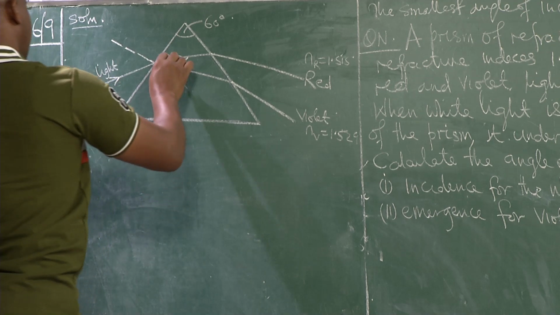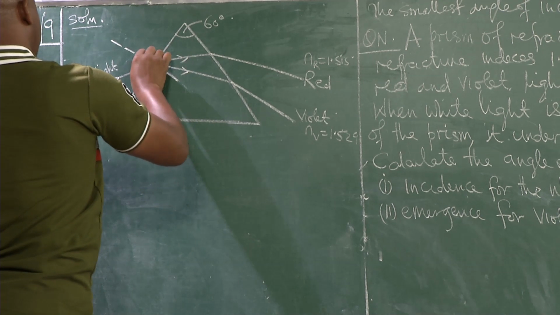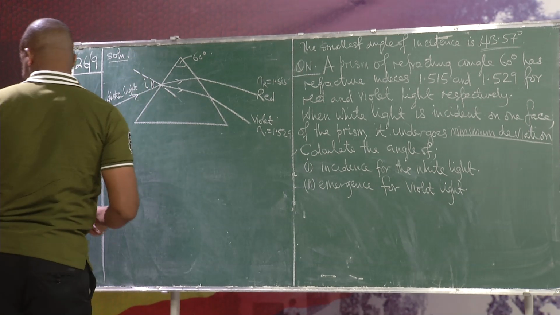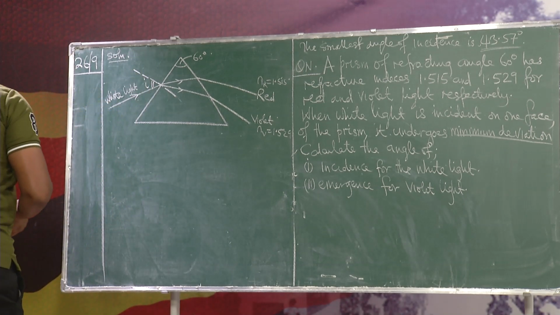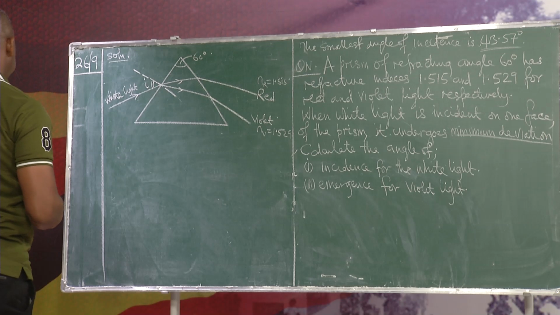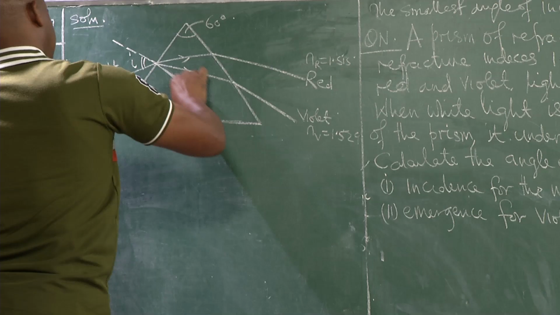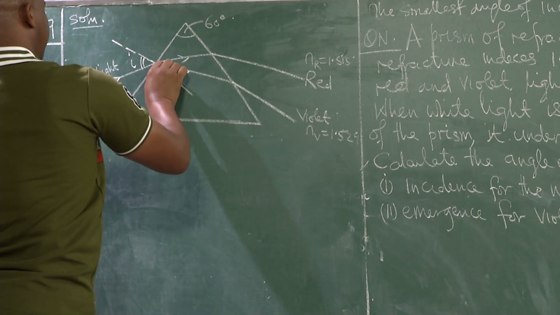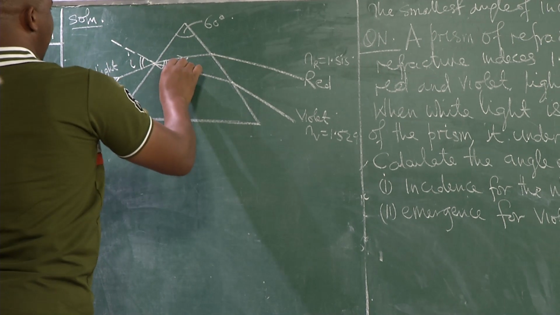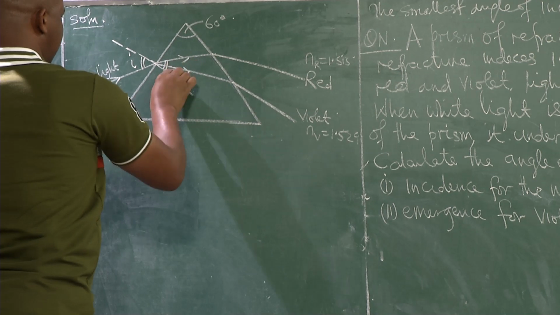Now, if we let this angle be I, that is the angle we want to look for. Take note that the angle of refraction for the red light would be this, and the angle of refraction for the violet light would be this.